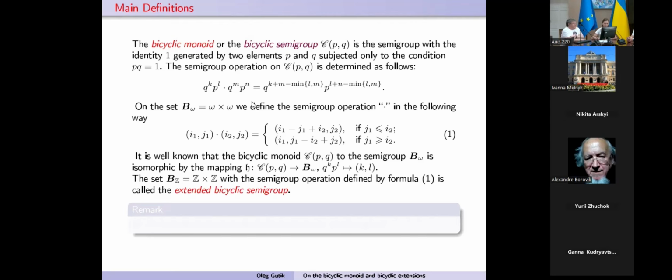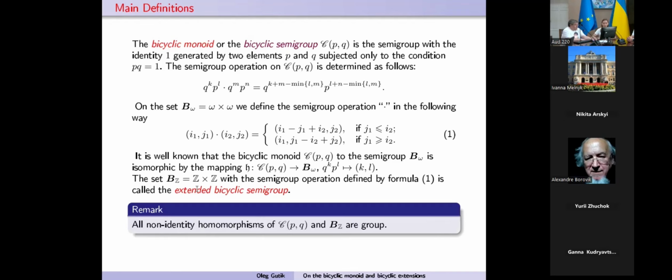Also the set BZ, which is equal to the square of the integers, with the semigroup operation defined by the formula 1, is called the extended bicyclic semigroup. What is the property of such a semigroup? A very nice property is that all non-identity homomorphisms of the bicyclic semigroup and the extended bicyclic semigroup are groups.